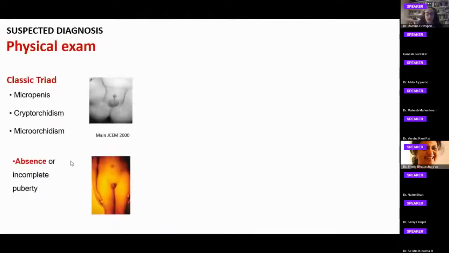Diagnosis of central hypogonadism is really not easy. A good physical exam is very important. You can find the classic triad of micropenis, cryptorchidism, and microorchidism, or sometimes you can find one or two components of this triad. Puberty can be absent or incomplete.